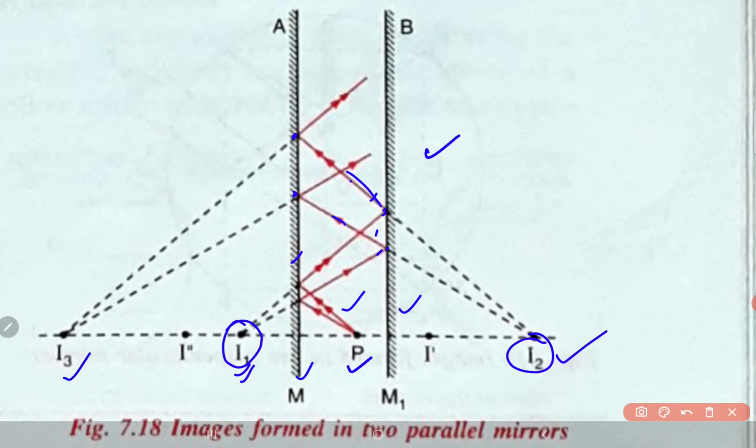Thus this will continue until the reflection on the mirror can take place. So therefore when these two mirrors are kept parallel to each other, infinite number of images can be created. So let us learn how to draw this particular diagram.